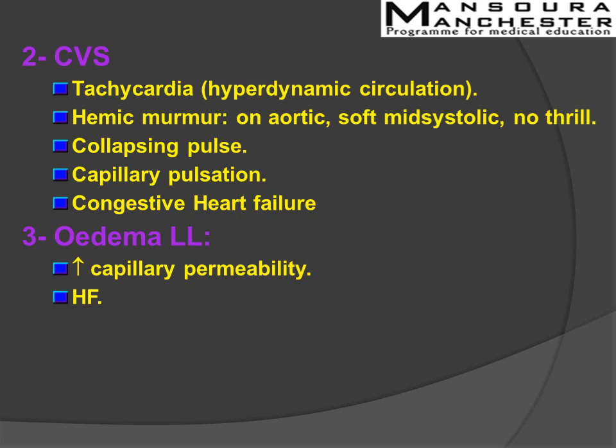Regarding the cardiovascular system, the patient may experience tachycardia, sometimes hemic murmur. Specific characterization of pulse may be in the form of water hammer pulse, because anemic patients have what's called hyperdynamic circulation. Sometimes the patient may acquire edema of the lower limb due to increased capillary permeability, or in cases of old age due to heart failure.